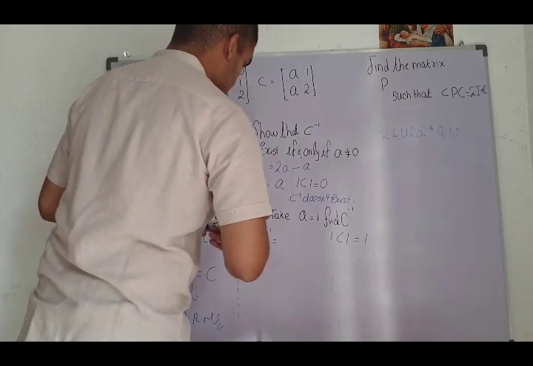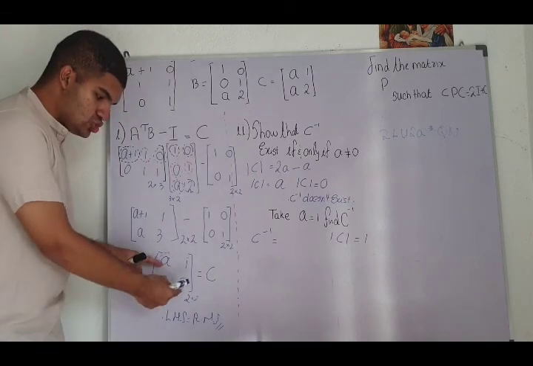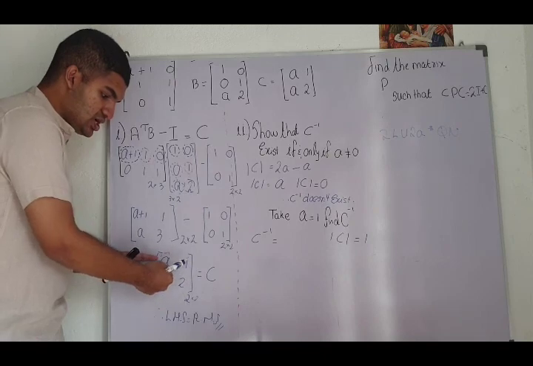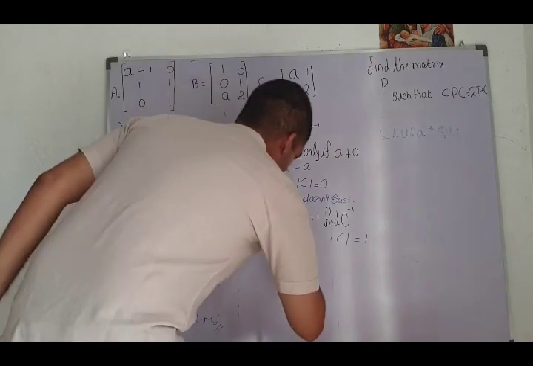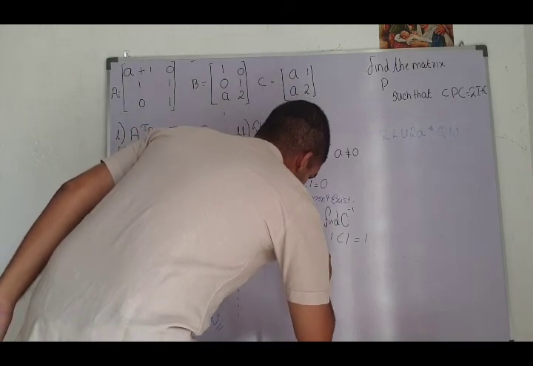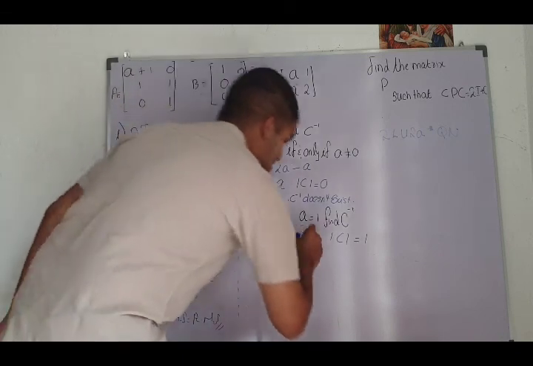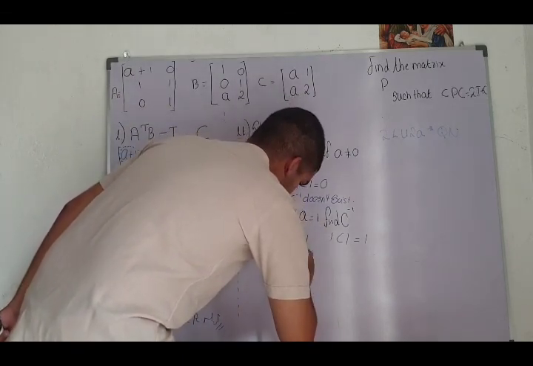Now for C inverse, the major diagonal should be interchanged, which is, 2 should go here and A should come here. So 2 goes here and A comes here, and here we have 1 and A. Therefore we have minus 1 and we have minus A right here.